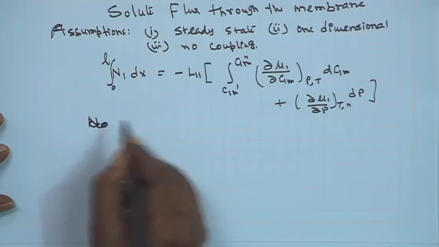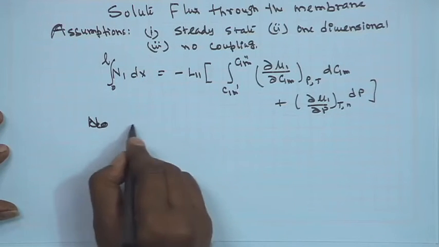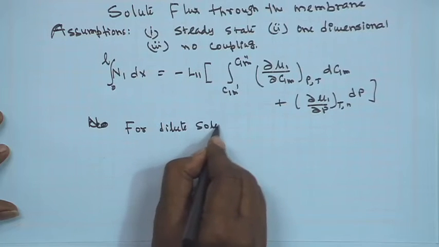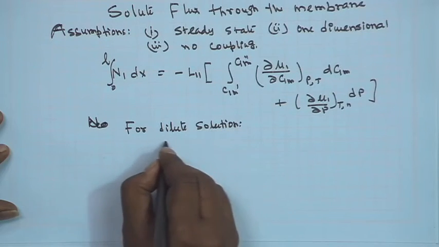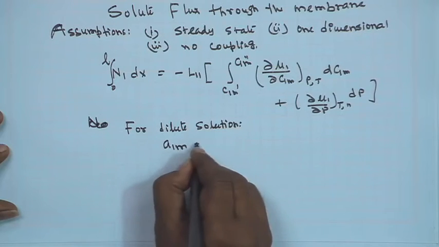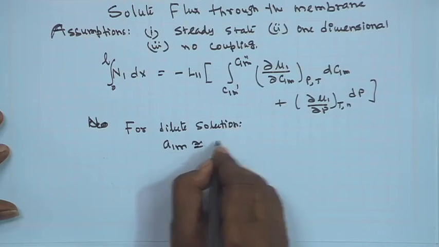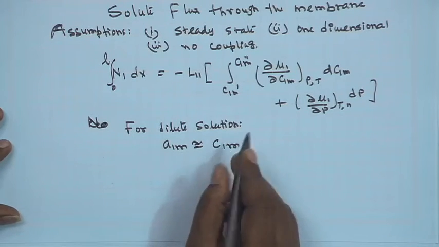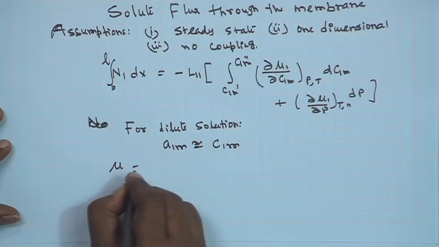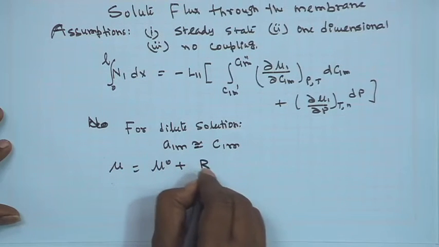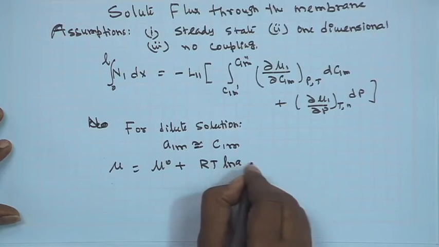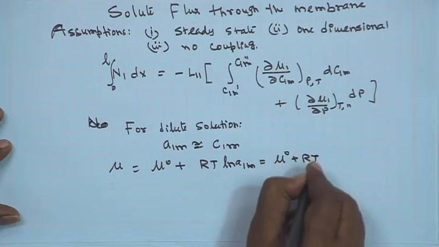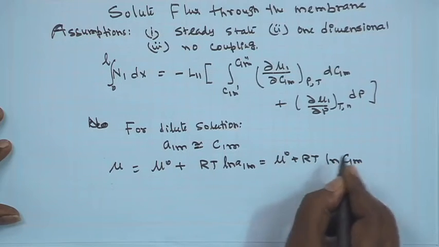Before doing that, we will do some simplification. For a dilute solution, we can write that the activity of the solute in the membrane phase is equivalent to the concentration of solute in the membrane phase, and the chemical potential can be written as mu equals mu naught plus RT ln a1m, which is nothing but mu naught plus RT ln C1m.